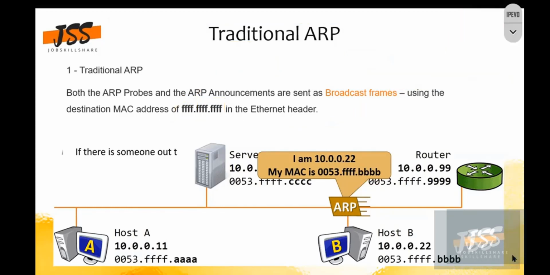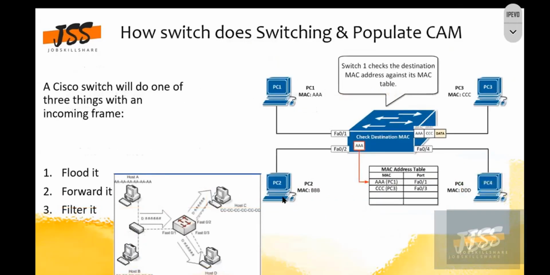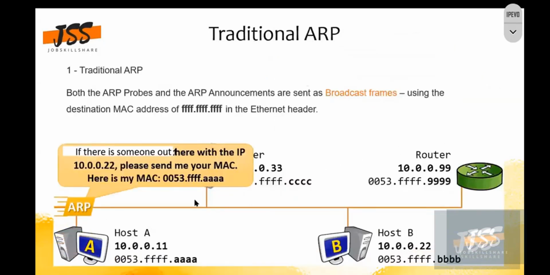So if I show you this in the image or the animation, basically what is happening is this: host A wants to communicate with the IP 10.0.0.22, which is host B. As I told you, these host machines have information about the IPs only. They don't know about each other's MAC addresses. That is the reason ARP is used to find out the MAC addresses. So it is saying, if there is someone out there with the IP address 10.0.0.22, please send me your MAC.